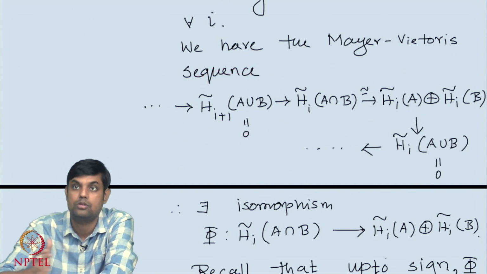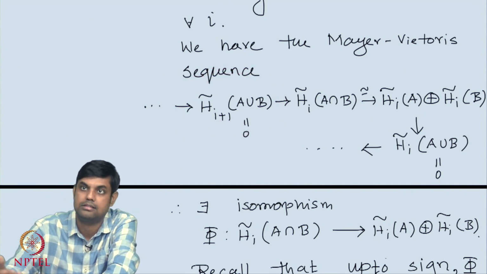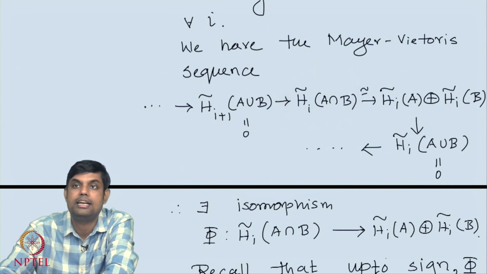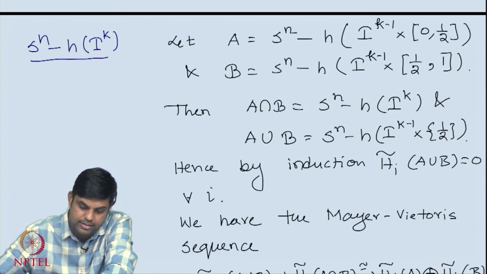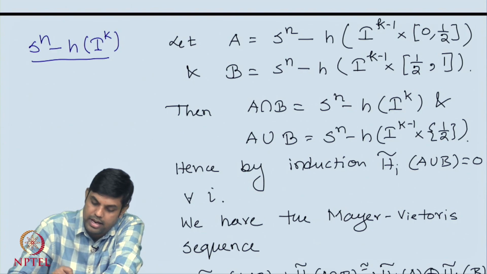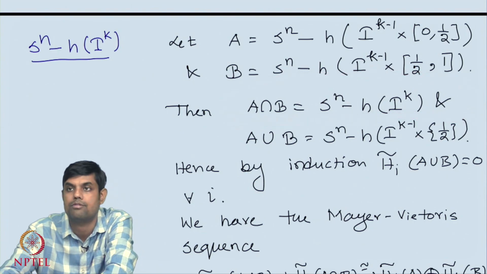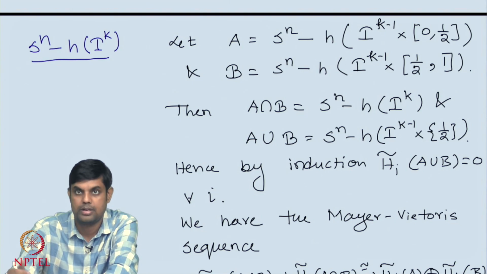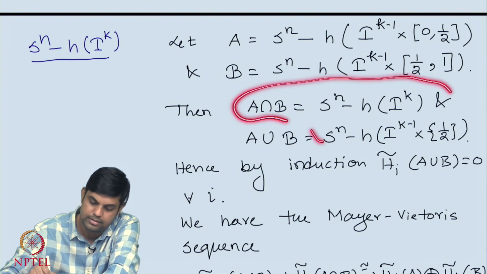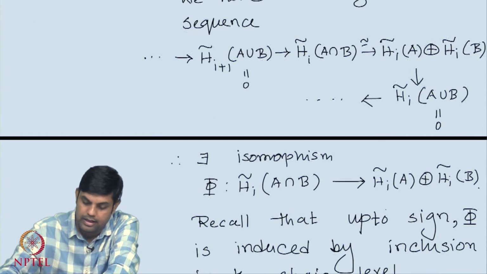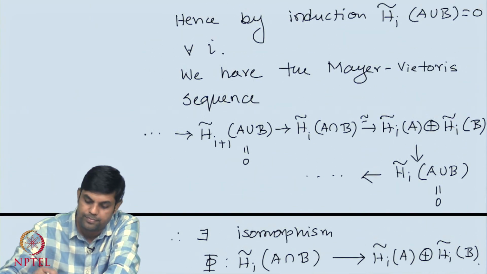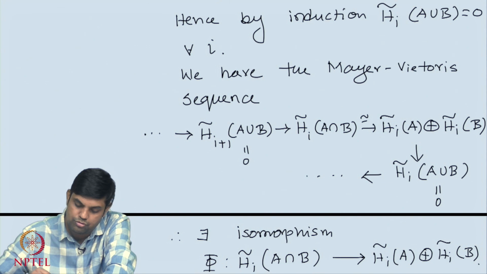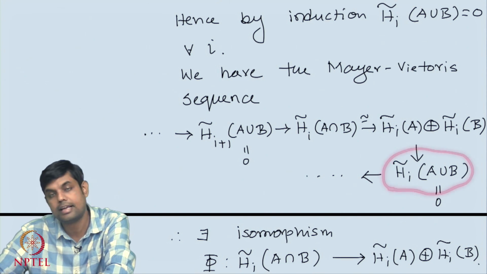So H_(i+1) tilde of A union B is 0, since A union B is acyclic by induction, and it goes to H_i tilde of A intersection B. That is our subject of interest. Remember, A intersection B is the complement of the embedding of the k-dimensional cube in S^n. That goes to H_i tilde of A direct sum H_i tilde of B, that goes to H_i tilde of A union B, which again is acyclic.